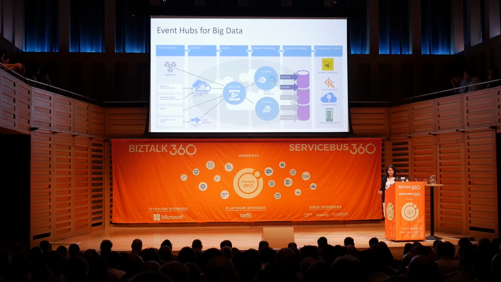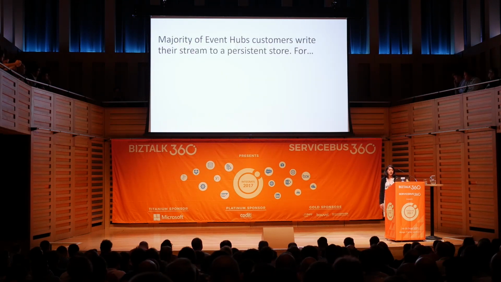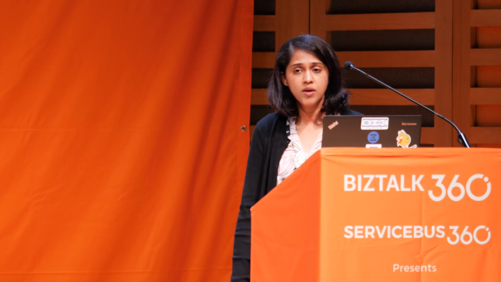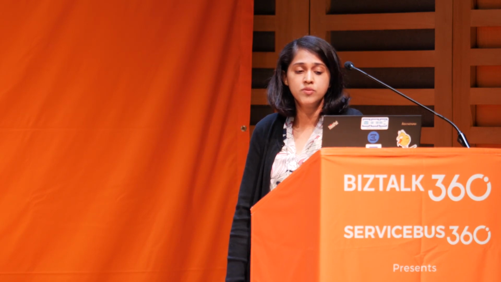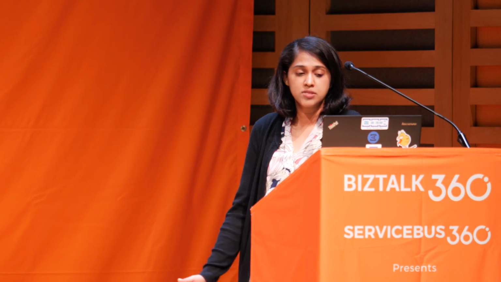While we see fast data or slow data, and different streams, we also see customers wanting to stream the data to a persistent store, mainly for long-term storage or batch processing.